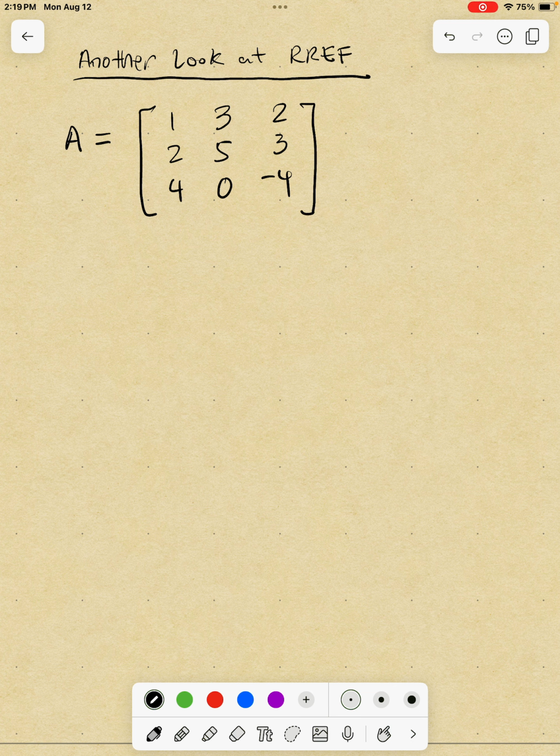So I see that I have these three columns. Let's call them V1, V2, and V3. And let's think about the reduced row echelon form of this.